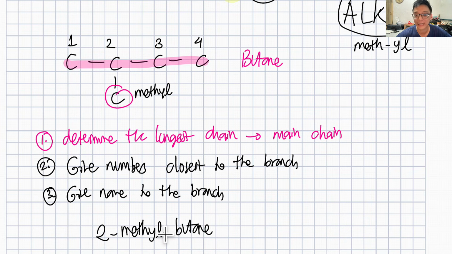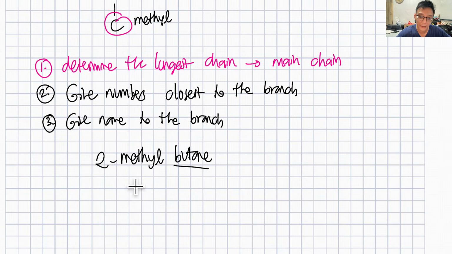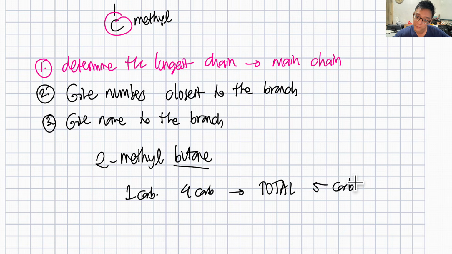So this is for alkane, mostly like this. Even though here you see that the main branch is butane, the number of carbons here are still 5 carbons. Why? Because methyl is giving 1 carbon, and butane is also giving 4 carbon. So in total, there are 5 carbon.